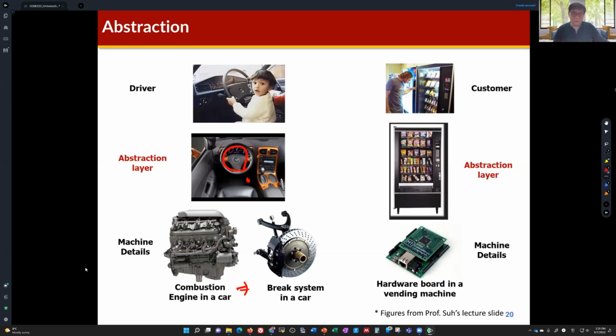So the system is very complicated, but we don't need to know everything inside it. The complex system is hidden under the layer, and we just understand some interfaces.